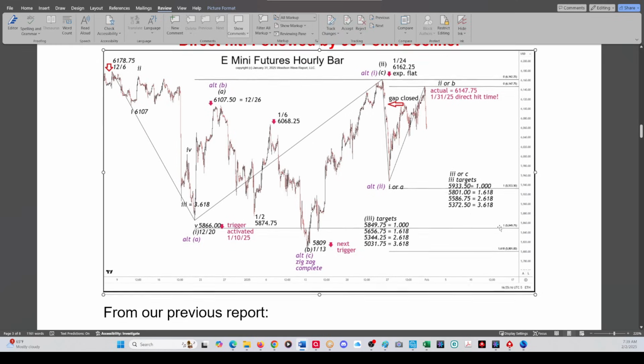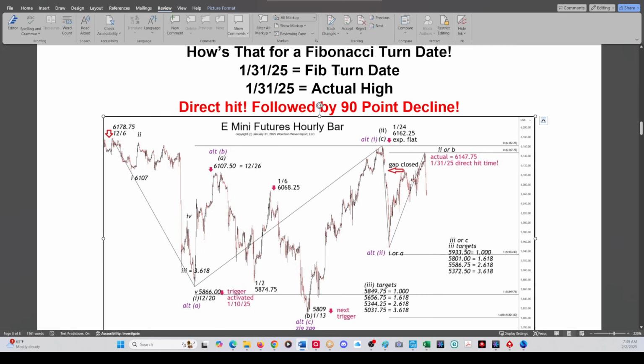You can see we got 12.6 here because 12.7 was a Saturday. It scored a direct hit on time, and it went like that on Friday after it hit that high, which was again a lower high. Wave 2 here is lower than wave 2 in parentheses here, and it's lower than the all-time high.